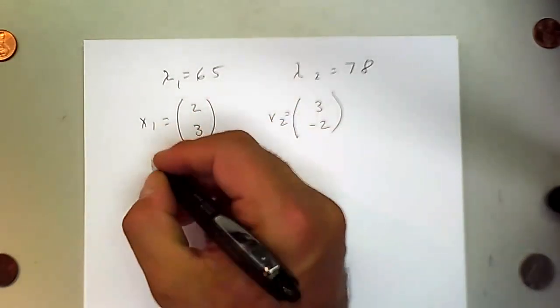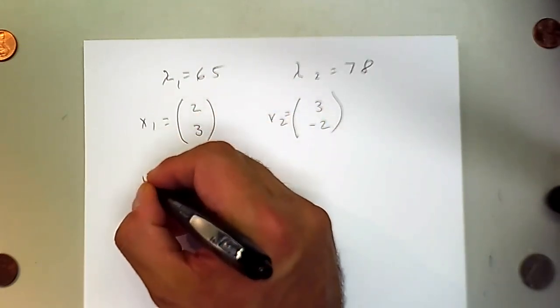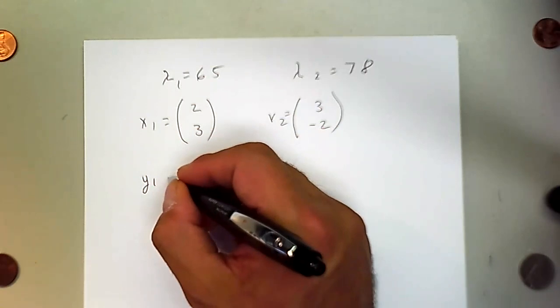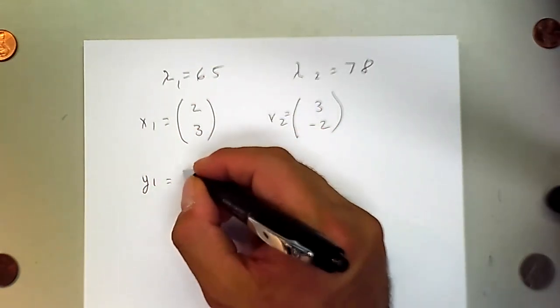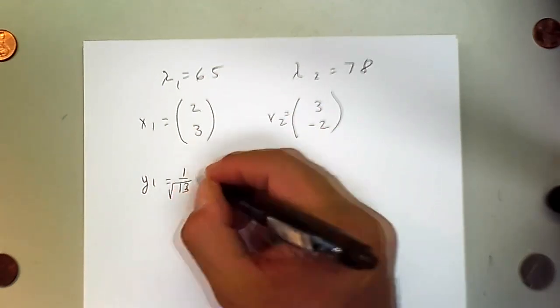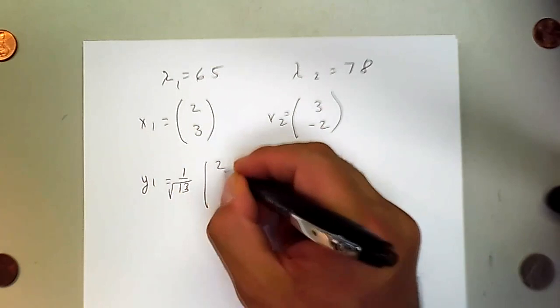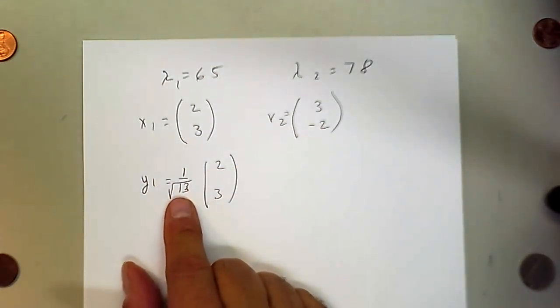And so we are going to have a new eigenvector. Let's label it as y1, an improved one, in the sense that it has a length of 1. We're going to put the 1 over square root of 13 outside. So it is the same vector, except that it is modified by multiplying by 1 over square root of 13.